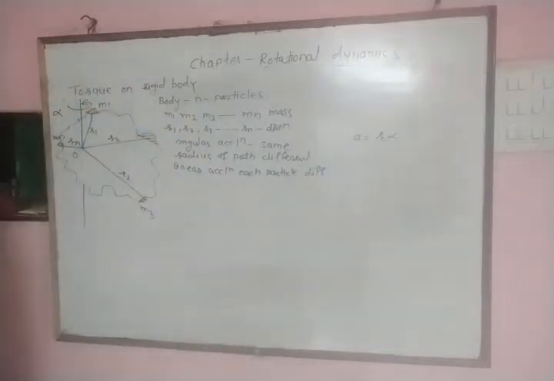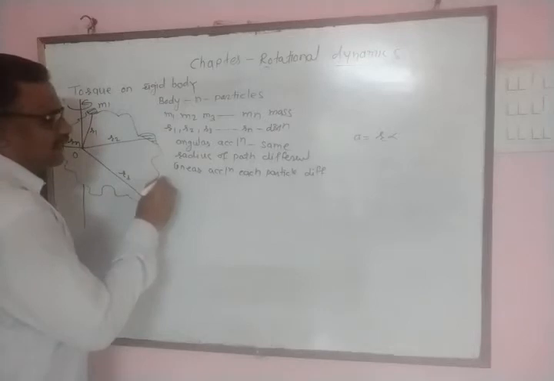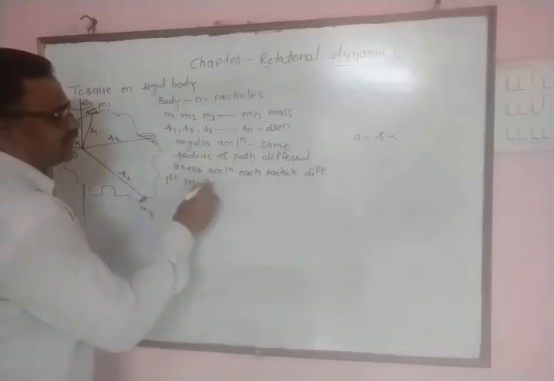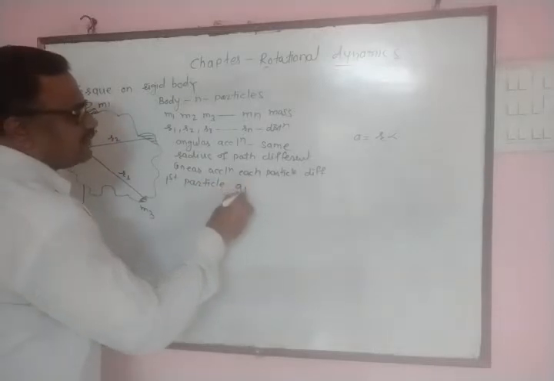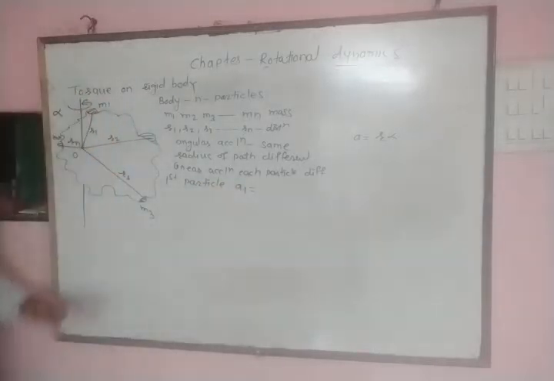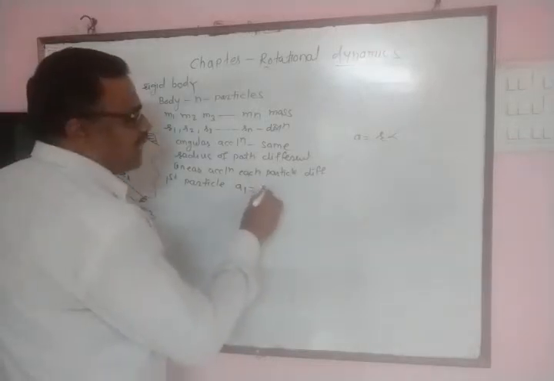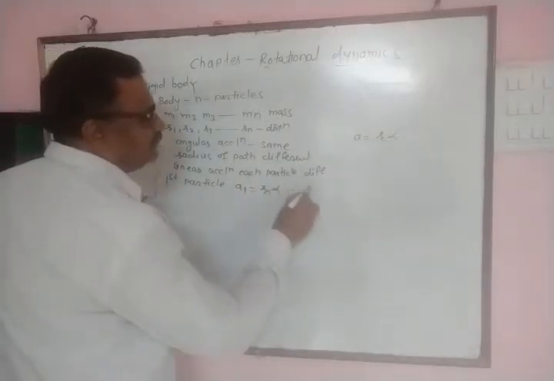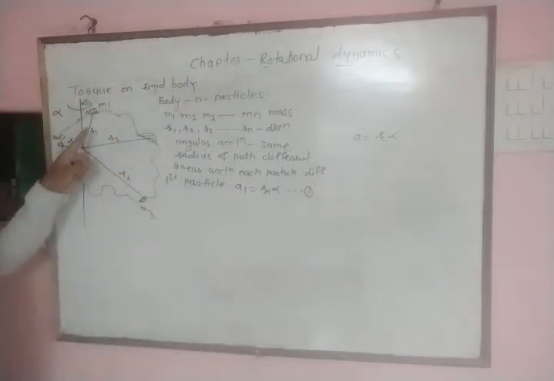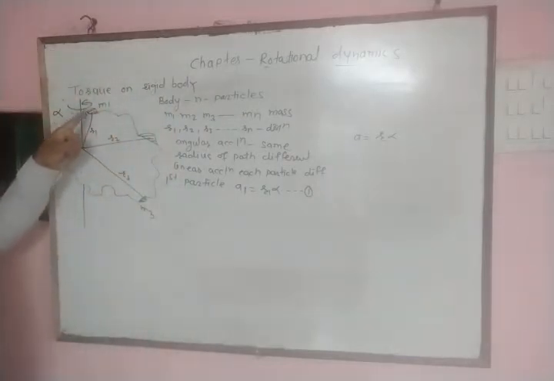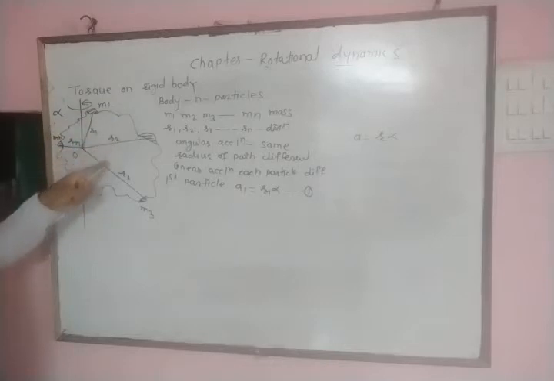Now we calculate linear acceleration of first particle. This linear acceleration of first particle is denoted by a1, and a1 is given by formula r1 into alpha. r1 is the distance of the particle, and we know when a particle moves along the circumference of a circle, that distance acts as a radius of circular path.